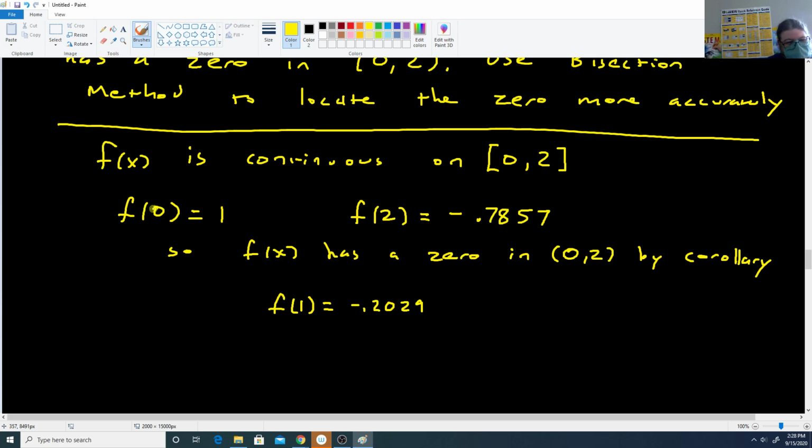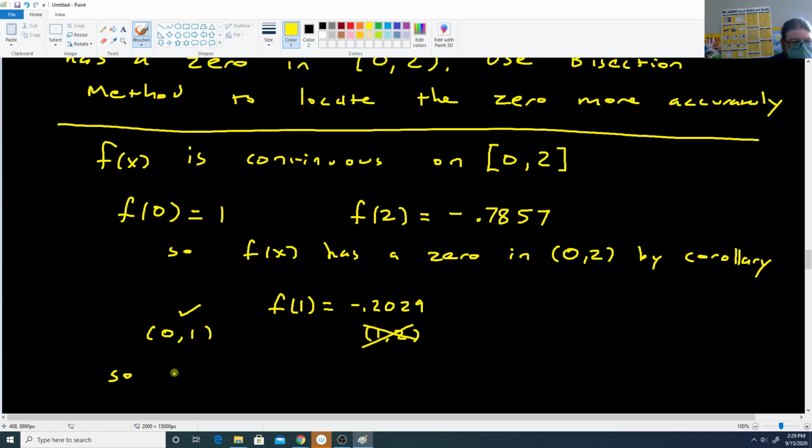So we're going to look at the interval 0 to 1, and then the interval 1 up to 2. f of 0 is 1 and f of 1 is negative 0.2029, so there's a sign change, which means the 0 has to be here. f of 1 is negative and f of 2 is also negative, so negative to negative doesn't force the function to pass through 0, so this interval is out.